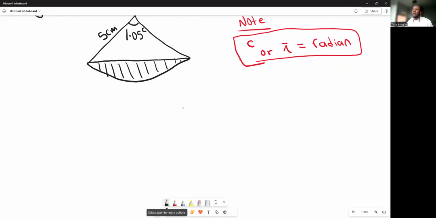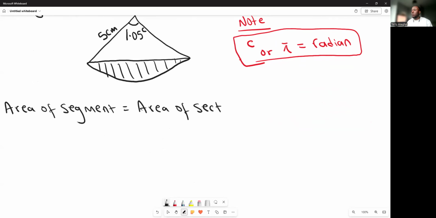All right, so let's go. Now we find the area of the segment, which is equal to the area of the sector minus the area of the triangle.